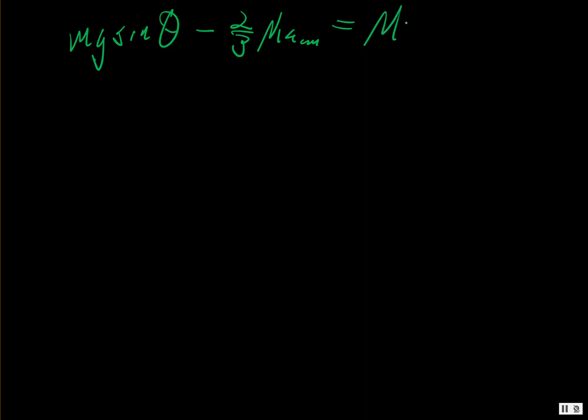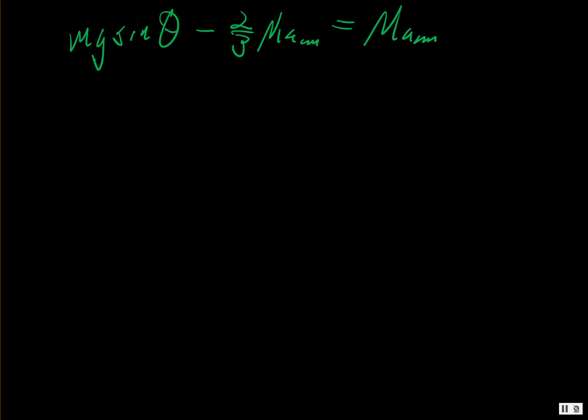So we substitute the frictional force, and what do we get? We get mg sine theta minus 2/3 m a center of mass, which is equal to m a center of mass. Now let's do some more simplifying.